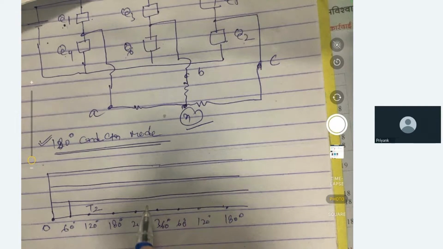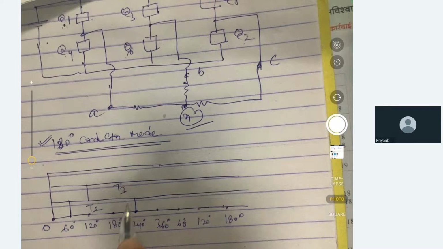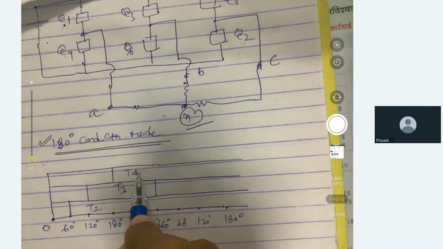Now at 120 degree, T3 is fired. T3 is fired for 180 degree, and T2 is also fired for 180 degree. So T3 will run till here. At the next 180 degree, T4 is fired, and it will also carry for 180 degree.